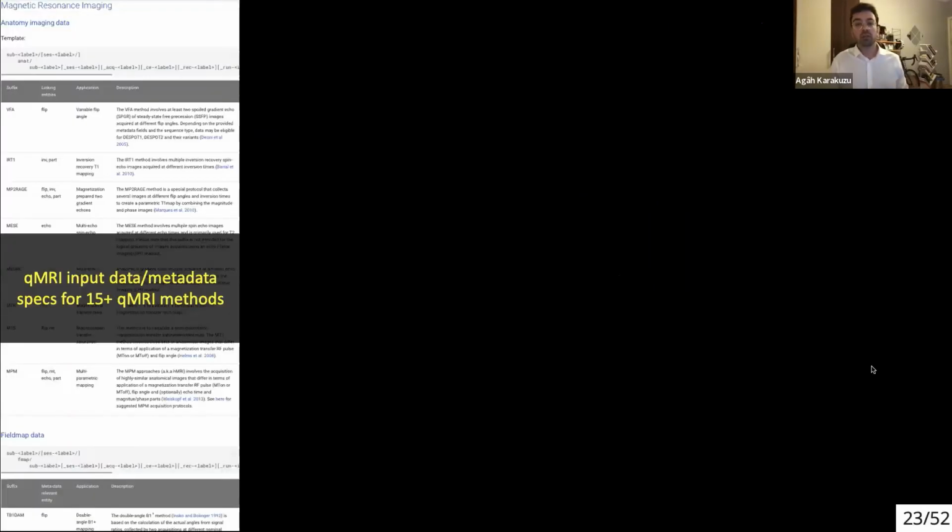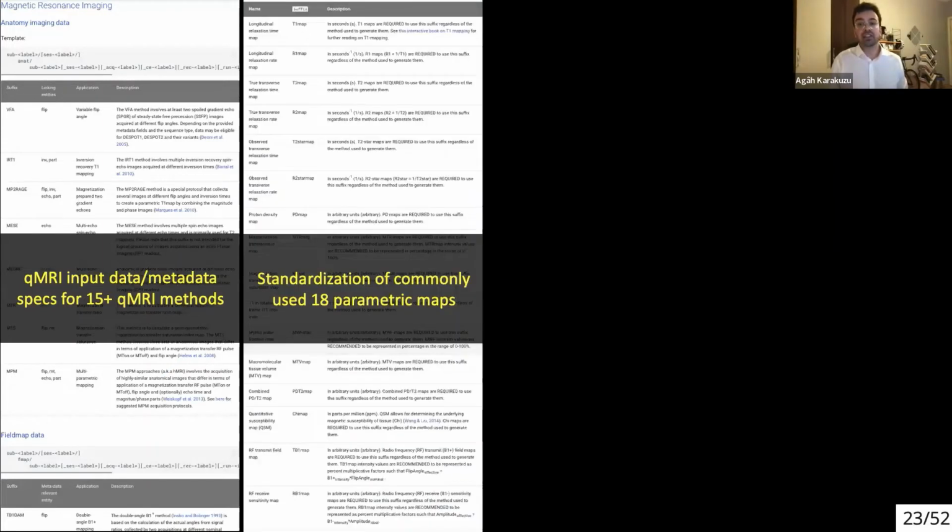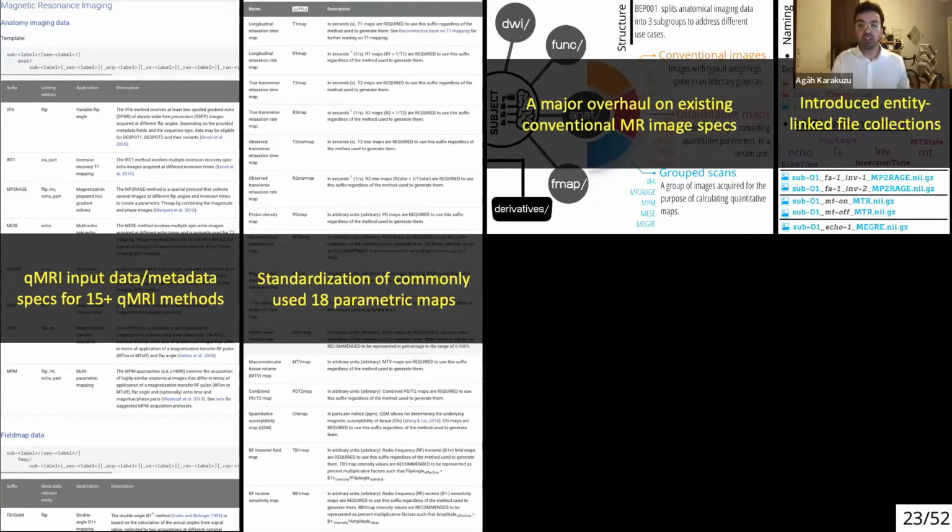We define file collections, including metadata descriptions and requirements for more than 15 quantitative MRI methods that can generate 18 parametric maps. For each one of these outputs, we described a derivative organization and minimum provenance requirements. During the process, we made a major overhaul on the definition of existing conventional MR image specifications and some metadata descriptions, including the repetition time.